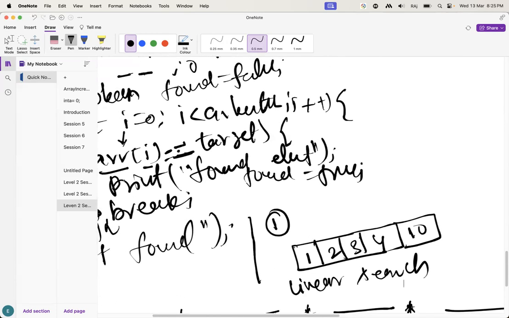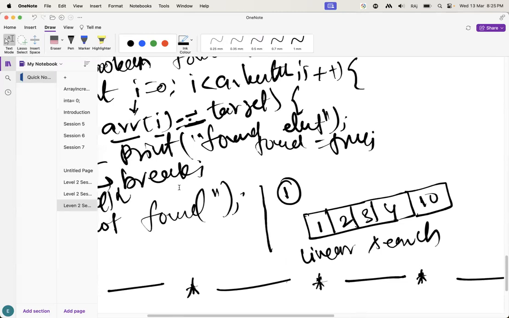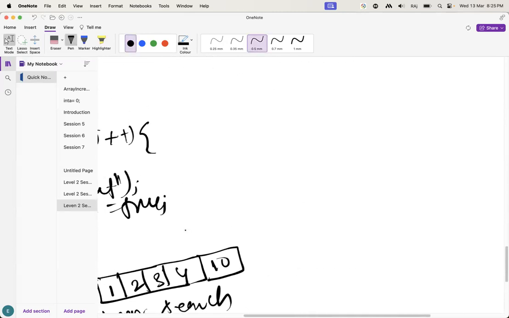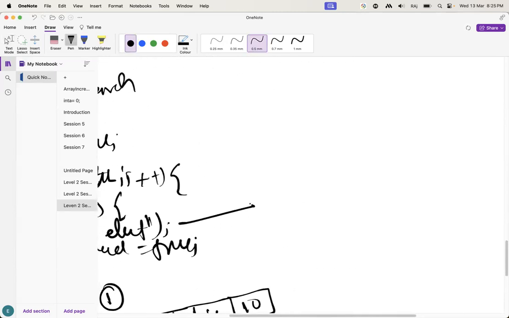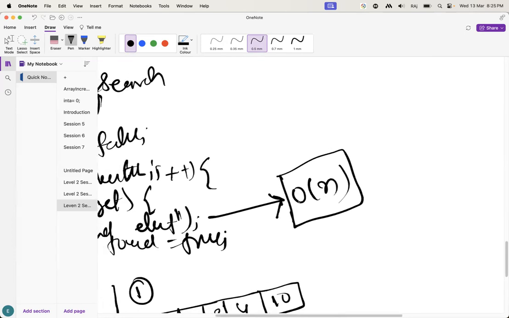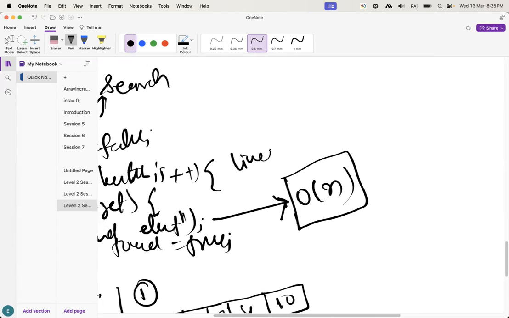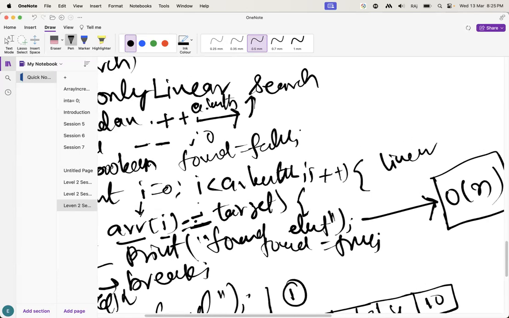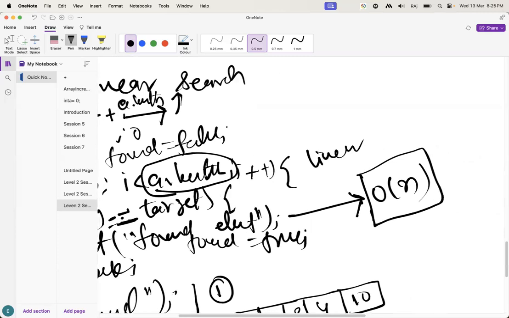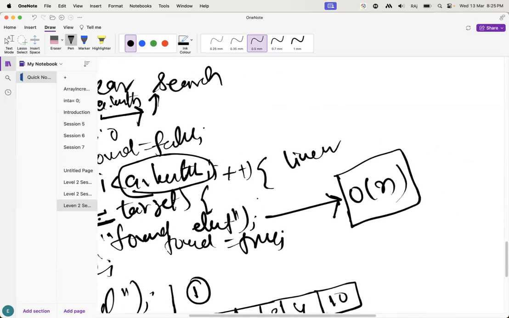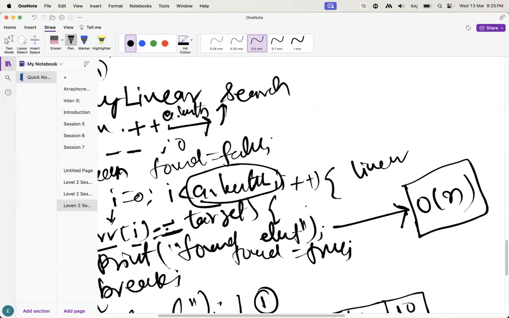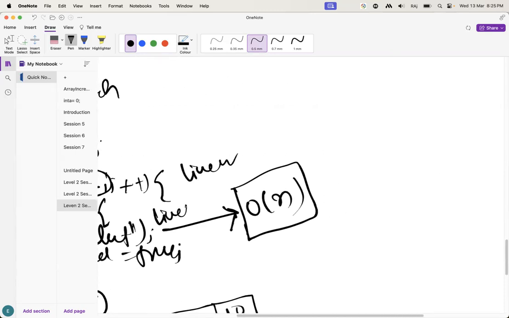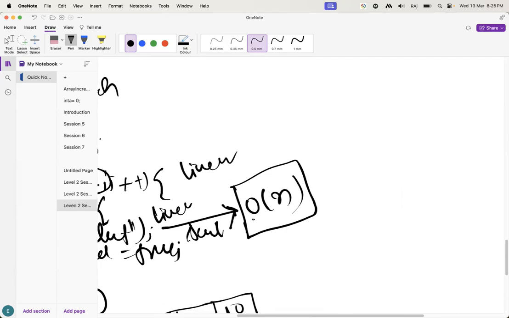What is the time complexity of linear search, even though we found the element? O of n. Guys, do you know why? Because it runs based on the array length. If the array length increases, the time also increases. That's why linear search time complexity is O of n.